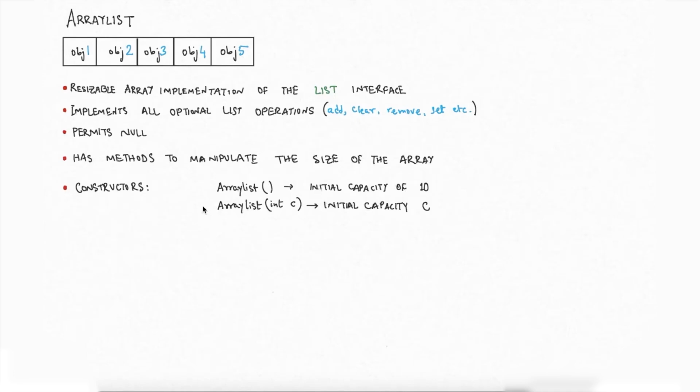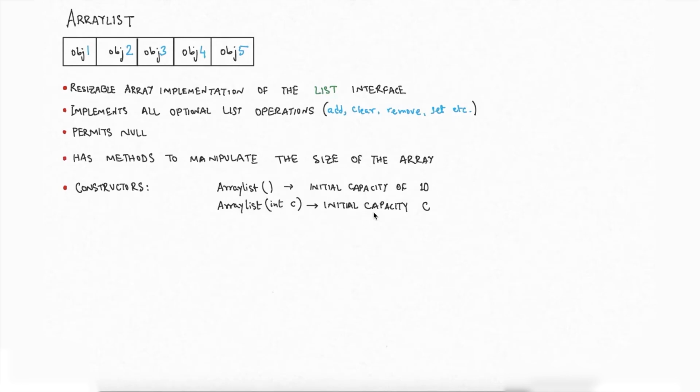But you can also construct an ArrayList with a specified capacity. So if you use this constructor where we have one parameter, this parameter is basically used to create an ArrayList of a specific capacity. So if you create a new ArrayList and say ArrayList 6, then an ArrayList will be created with an initial capacity of 6.